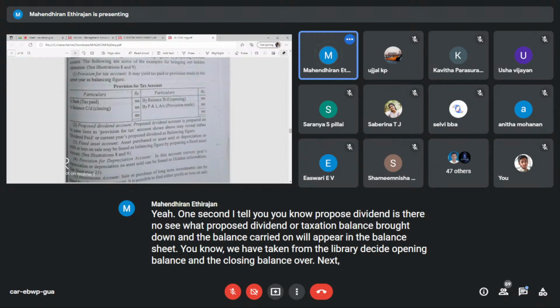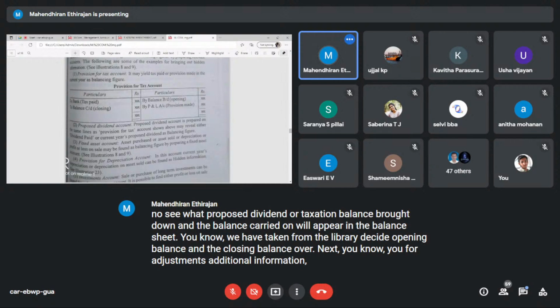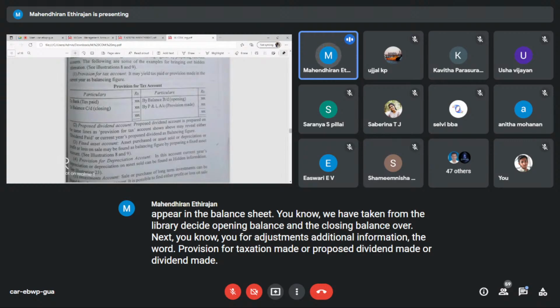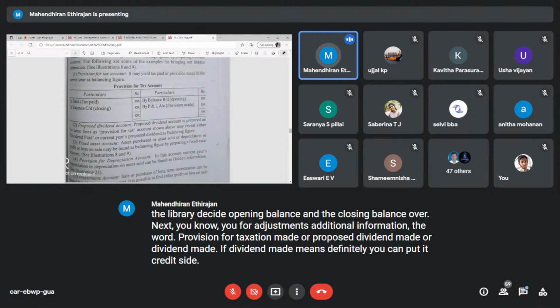Next, if in the adjustments or additional information the words provision for taxation made or proposed dividend made or dividend made appear, definitely you put it on the credit side of the profit and loss account.